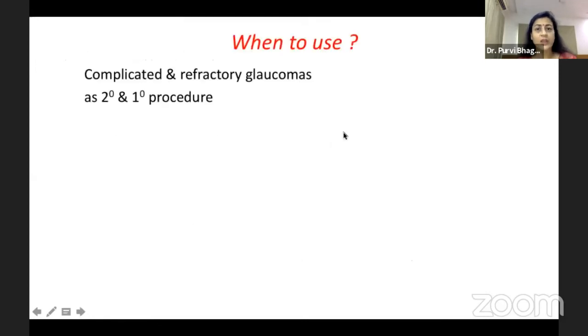Now, when do you use the GDD? We all know at this point of time that a primary indication is, of course, in all complicated and refractory glaucomas as a secondary procedure when your trab has failed. But nowadays, a lot of surgeons are also taking it up as a primary procedure when you're almost sure that your trab, with or without an antimetabolite, is definitely going to fail.